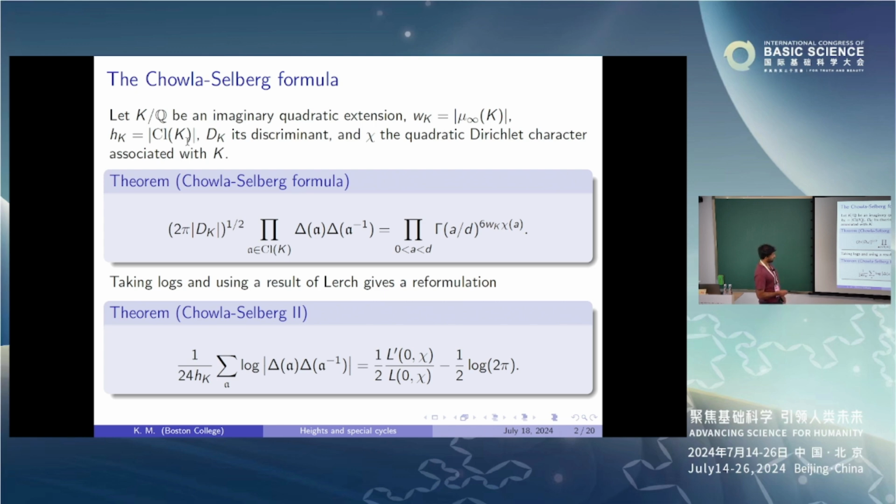Take logarithms, and there's a formula of Lerch that basically reinterprets the right-hand side in terms of the Dirichlet L-function of chi.